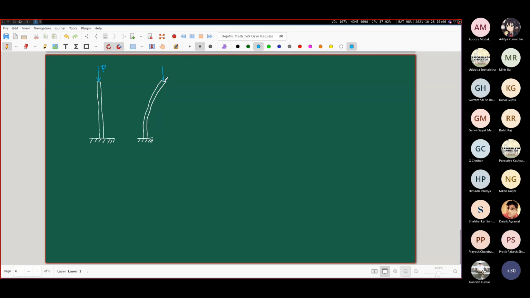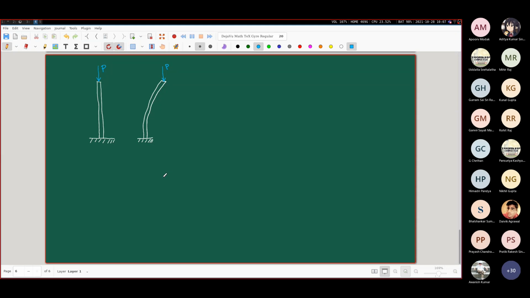The load continues to act like this, and this is the deformed configuration. This is what we say has buckled. Please note that the buckled shape of this column is qualitatively different from what we had earlier, and there is a distinct possibility that the critical buckling load for this shape is also different from what we obtained at the end of the previous class.